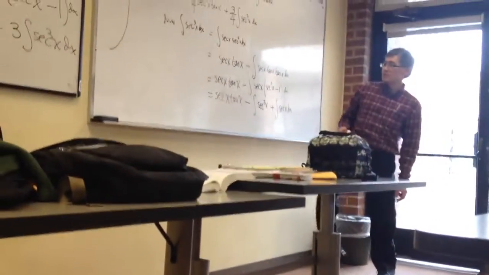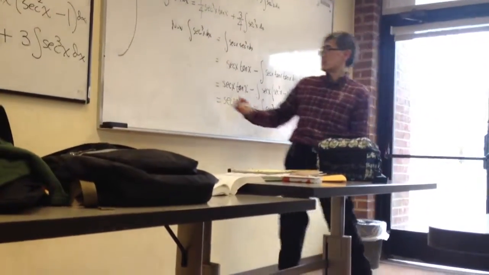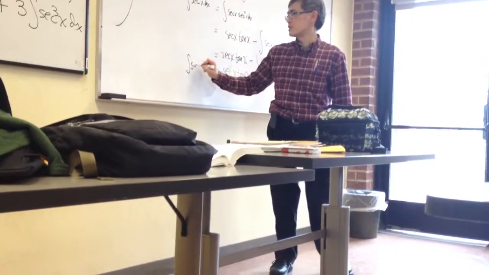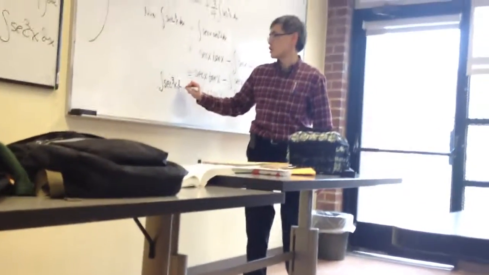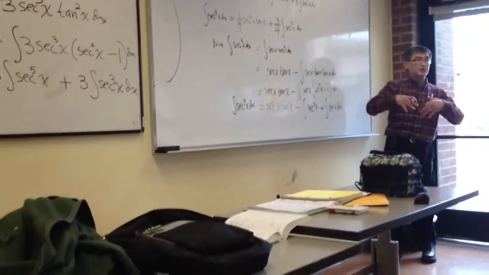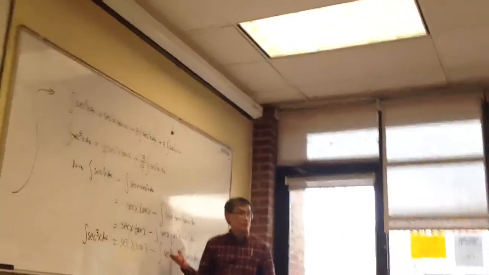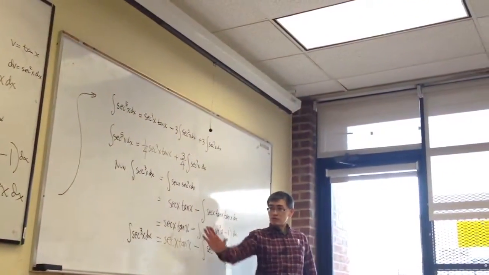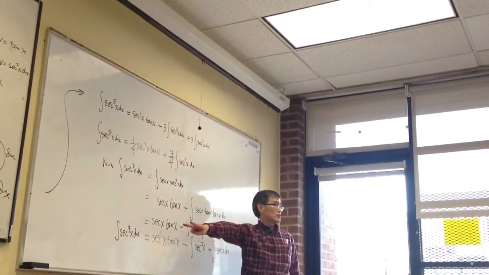And now, that means that, let me copy over secant third power x, which I'm currently looking for, is equal to secant x tangent x minus what I'm looking for currently, plus something simpler. And so once again, I solve for what I'm looking for currently. So can you do that mentally? This one moves to the left. That's 2 times what I want.